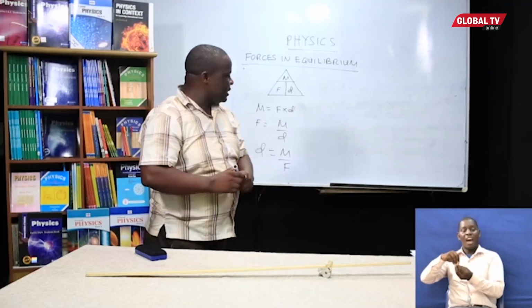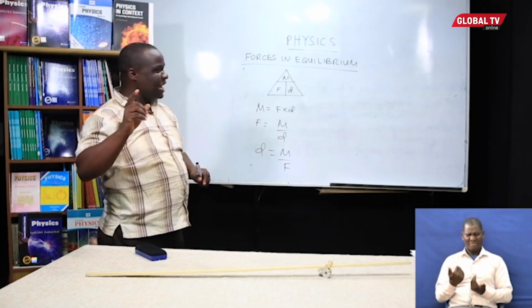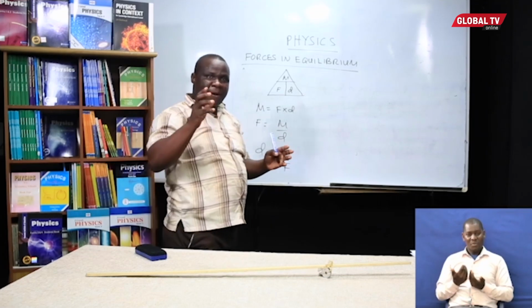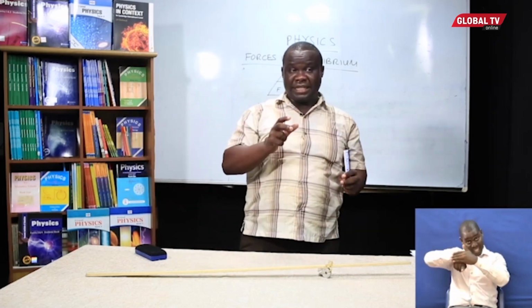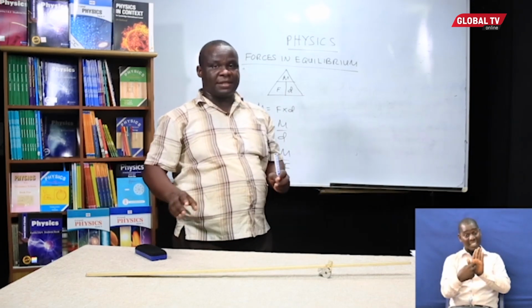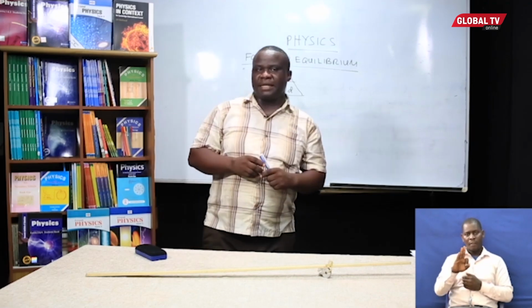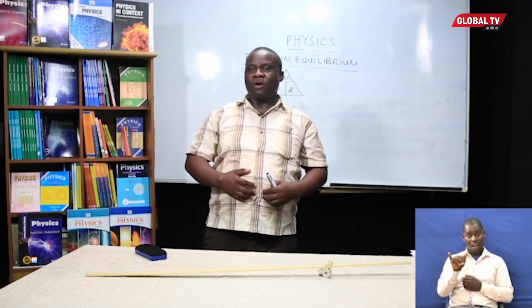Now, I said previously that once you are dealing with moments, there is a point where a force is acting. What is that point? As I said previously, we name it a fulcrum, or others use the name hinge or pivot.